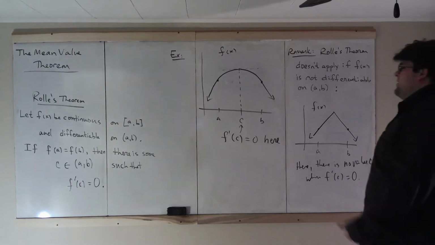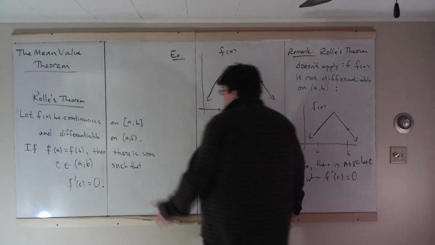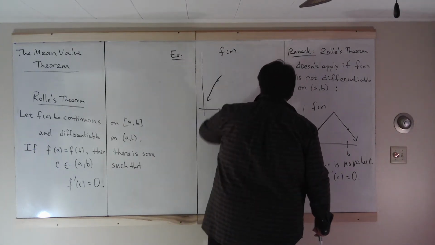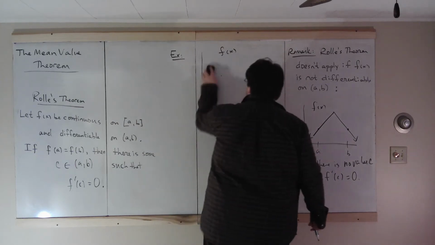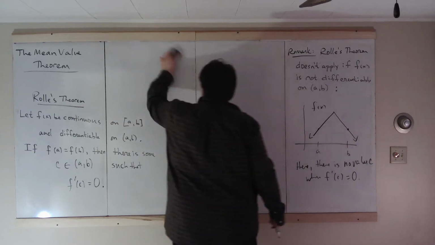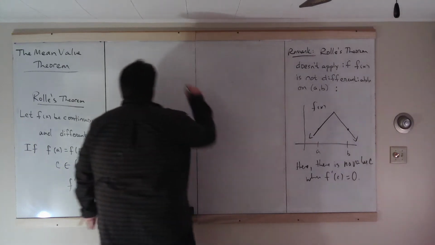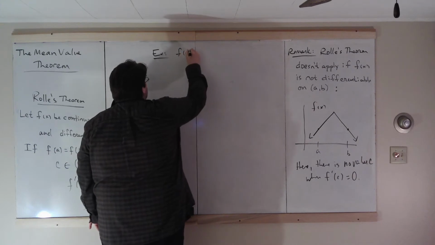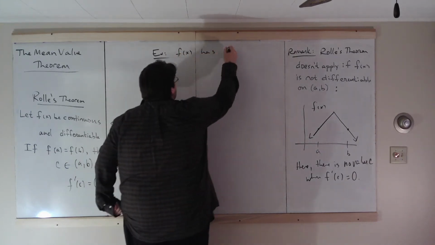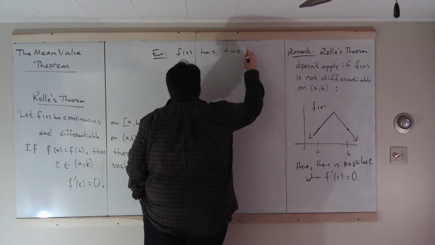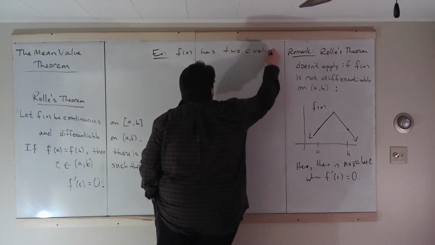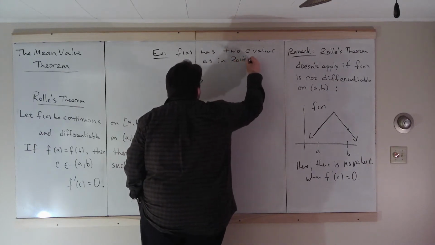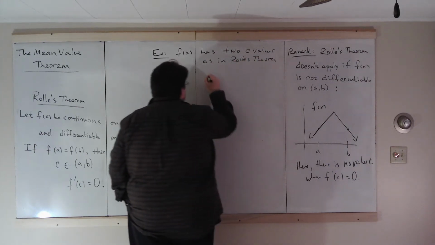This theorem says that we're guaranteed to have 1, and you may have more than one such c value. I'll just draw a curve right here as another example. f of x has 2 c values as in Rolle's theorem for this curve.